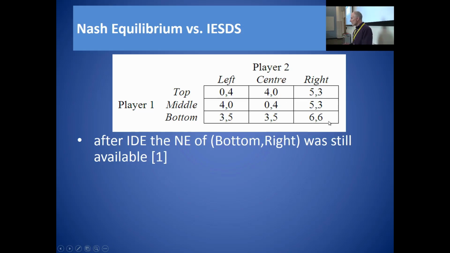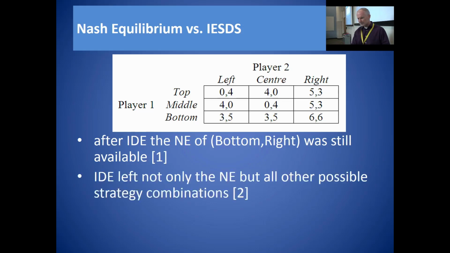So, we said that this process of the iterated dominance equilibrium would never exclude the Nash equilibrium. That was the first point. Well, that's true. That's the Nash equilibrium. Does the iterated dominance equilibrium process exclude that? No. So that was point 1.